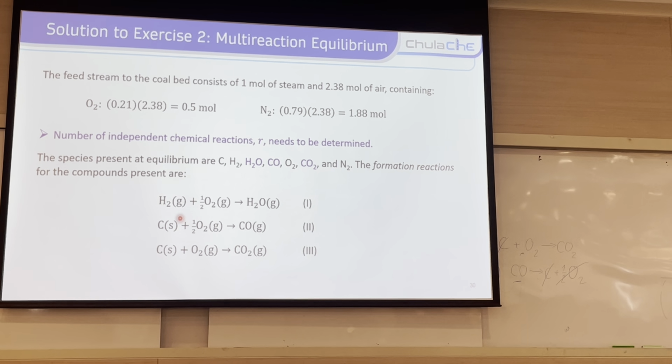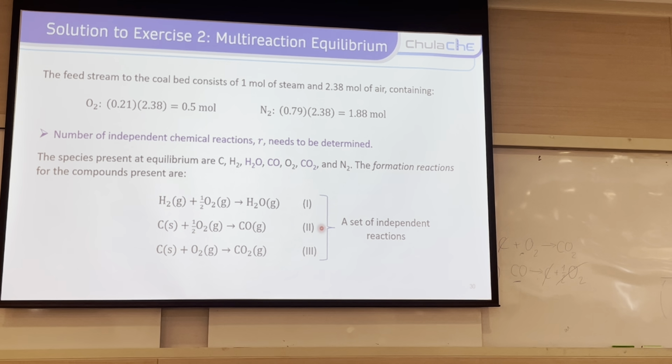So in this case, hydrogen, oxygen, water, carbon monoxide, and carbon dioxide, every species is present in the system. So actually, these 3 reactions are already a set of independent reactions. You don't have to do the second step. This means that now you know the number of independent chemical reactions that can occur in this system.